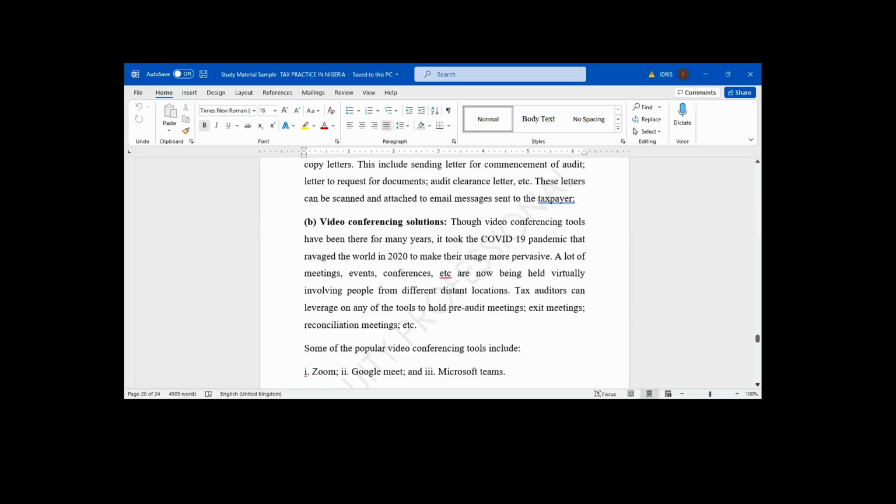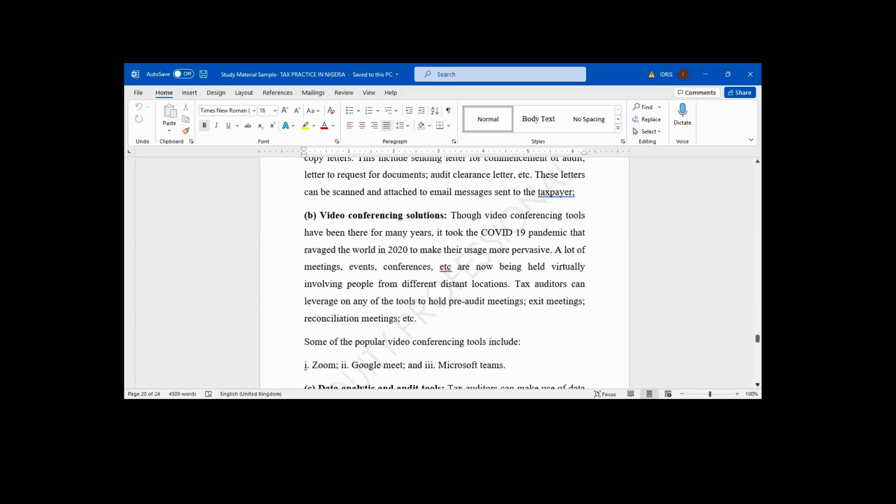Tax authority will tell them some of the issues highlighted from the tax audit. Taxpayer will respond, this is not what you think, this is what we mean. This is the purpose of the transaction. This is the supporting document. Tax consultant too will help them to provide technical advice. At the end of the day, on the Zoom meeting or Google Meet, they will agree on a solution. So this is video conferencing solution.